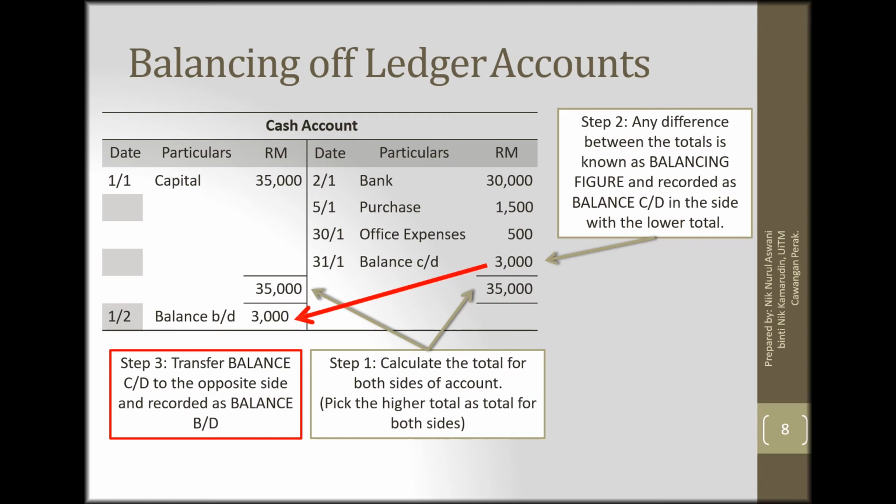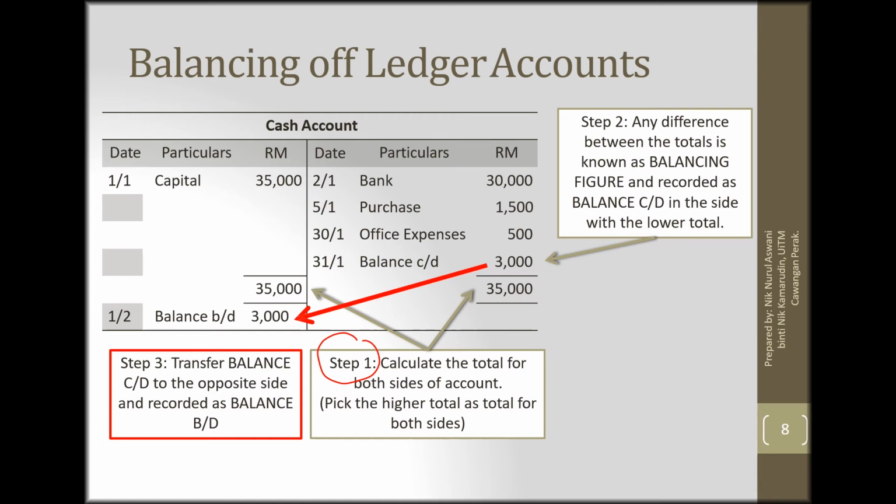And then at the end of the day, we are going to balance off the account. There are three steps to balance off an account. Step number one, first we need to calculate the total for both sides of the account. You just calculate the total, you don't have to write it down first.